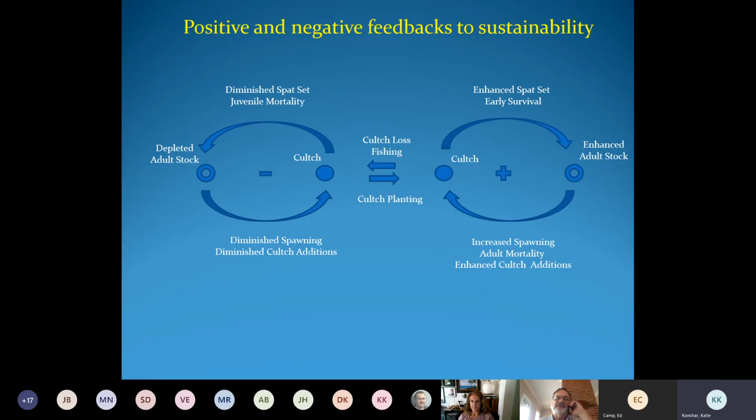Okay, I showed this slide before, and what we're trying to do is summarize what we think is happening, and we're talking about this in terms of positive and negative feedbacks to the sustainability of the reef.